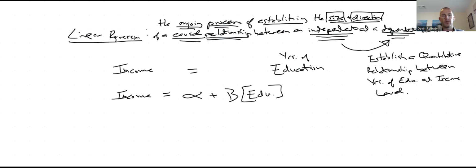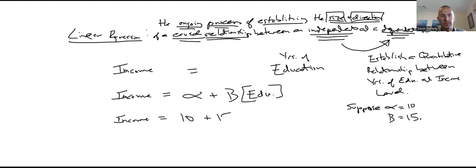So if we suppose that alpha equals 10 and beta equals 15, then we could write income equals 10 plus 15 education.